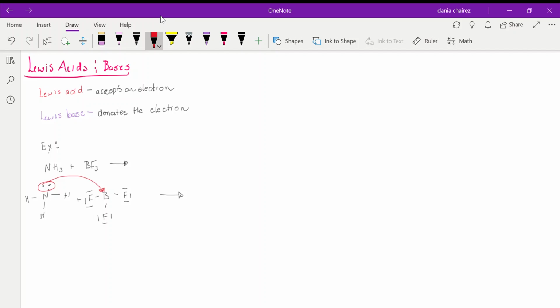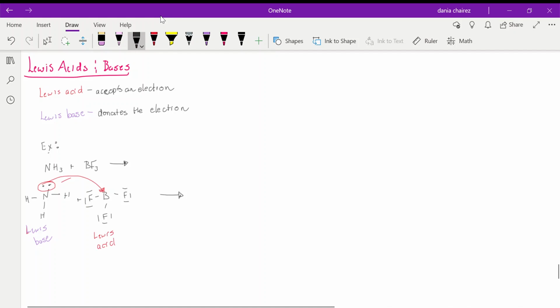So then since this one's donating the electron, this should be in purple, our Lewis base. And since the boron tetrafluoride is accepting the electron, this is going to be our Lewis acid.